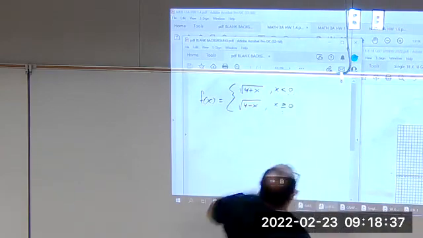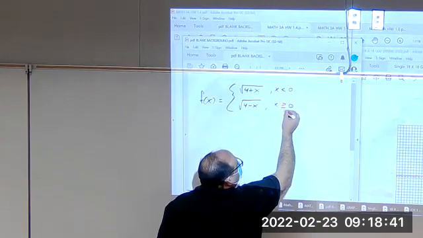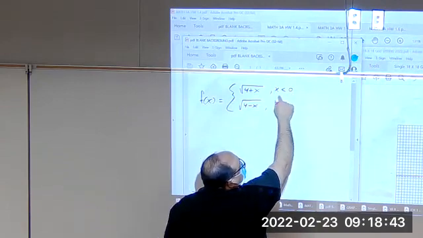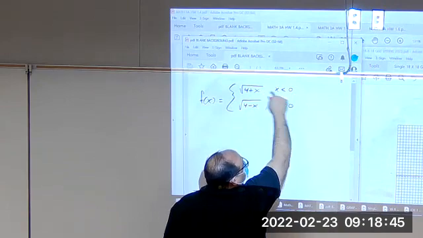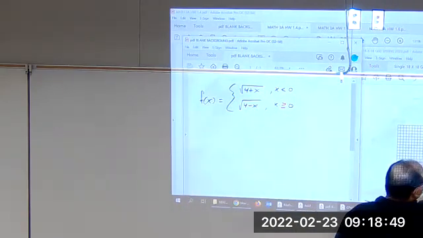Our domain is explicit by, to the left of 0 and to the right of 0. So 0 is what separates my 2 pieces.